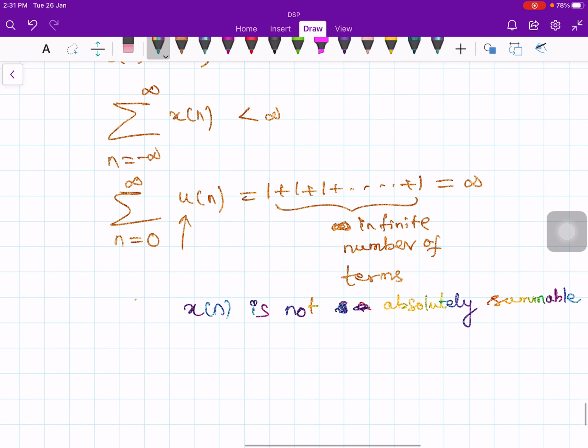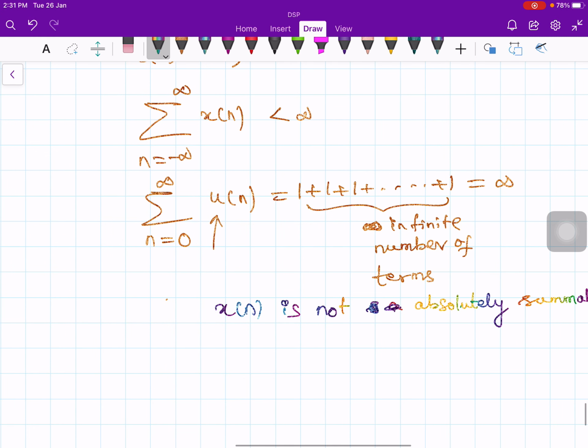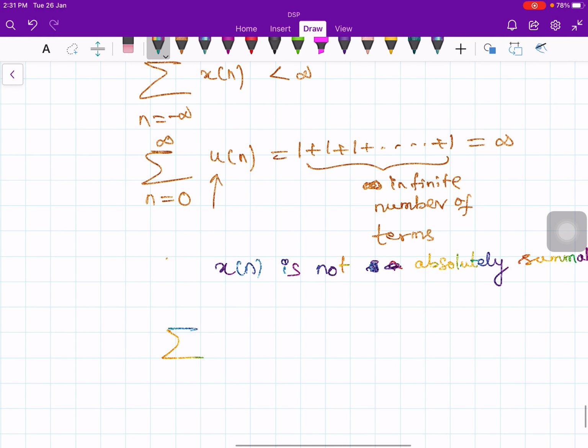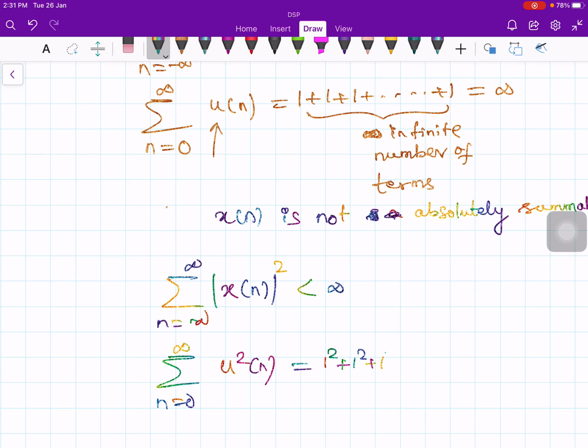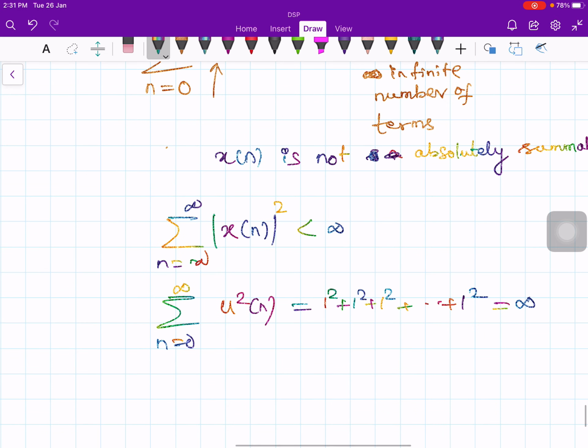Now let us find out the square summability. Square summability means the sum of the magnitude squared of x of n, where n goes from minus infinity to plus infinity, must be less than infinity. The summation of u squared of n from 0 to infinity is 1 squared plus 1 squared plus 1 squared, up to how many terms? An infinite number of terms. Once again this is equal to infinity. The result is x of n is not square summable.